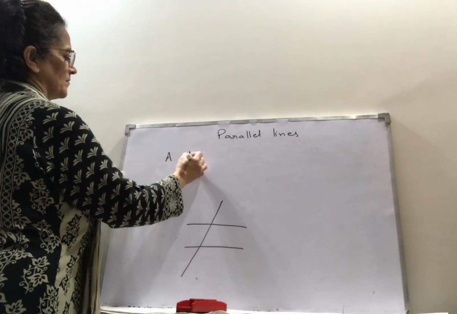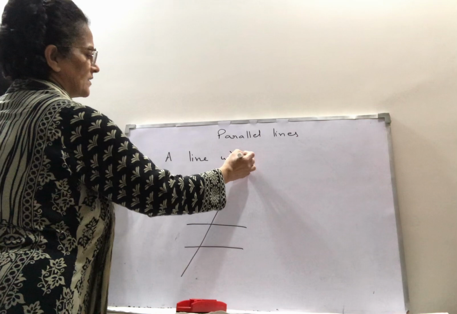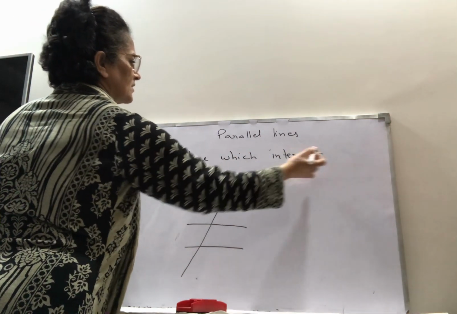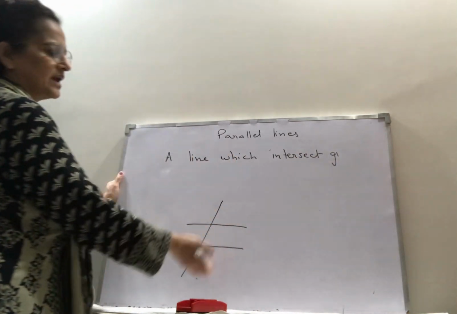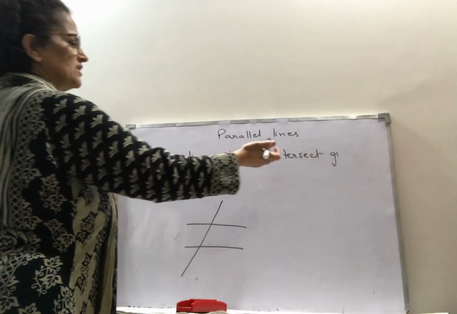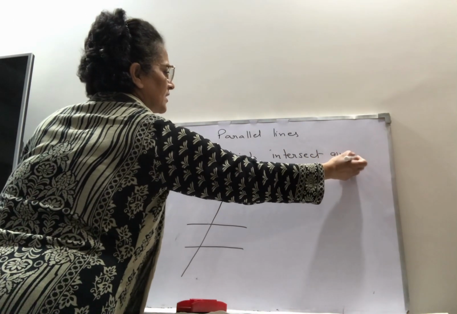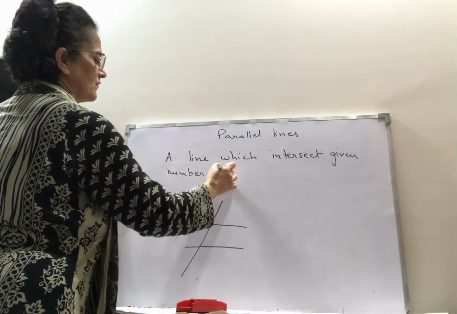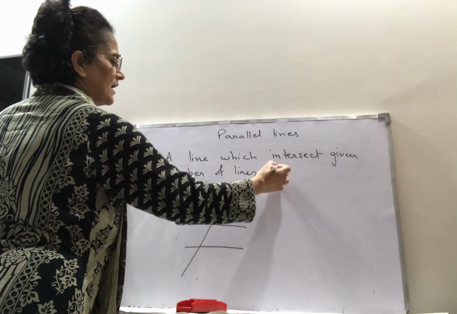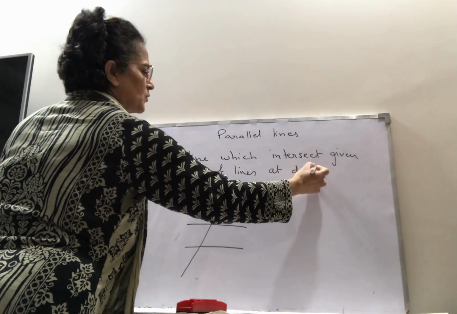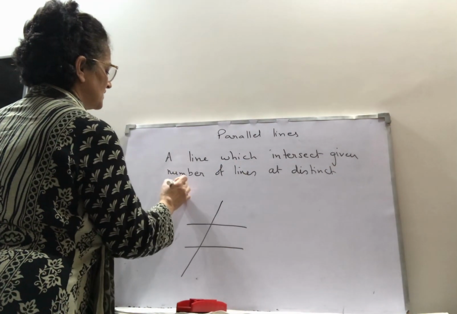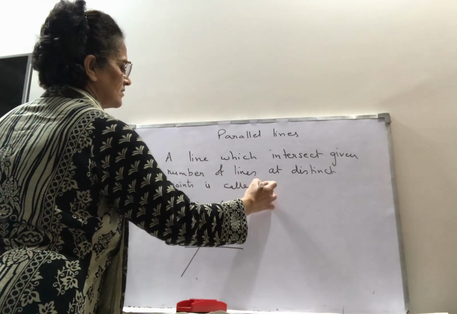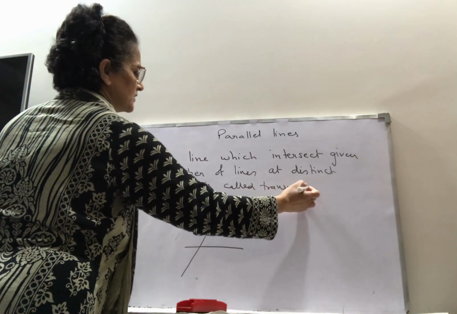A line which intersects, these can be many lines which can be parallel, a line which intersects a given number of lines at distinct points is called transversal.